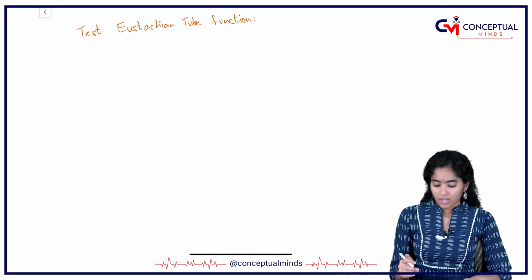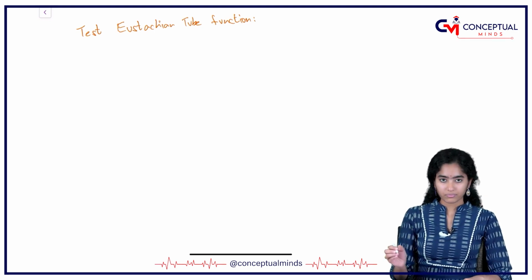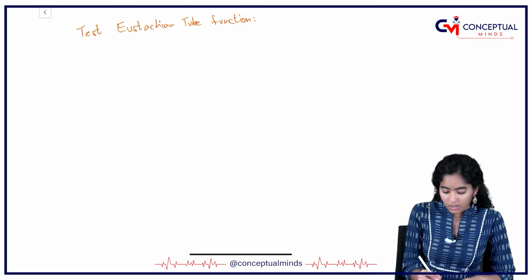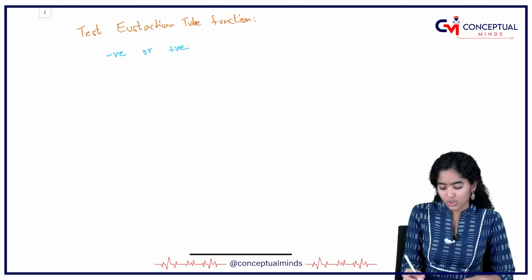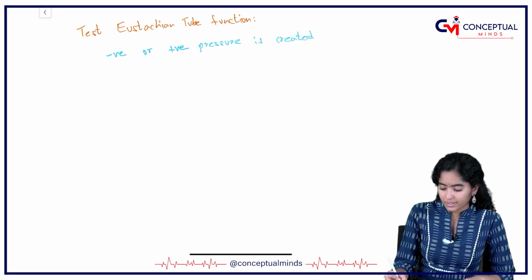Okay. So how do we test the Eustachian tube function? A negative or a positive pressure is created in the middle ear.